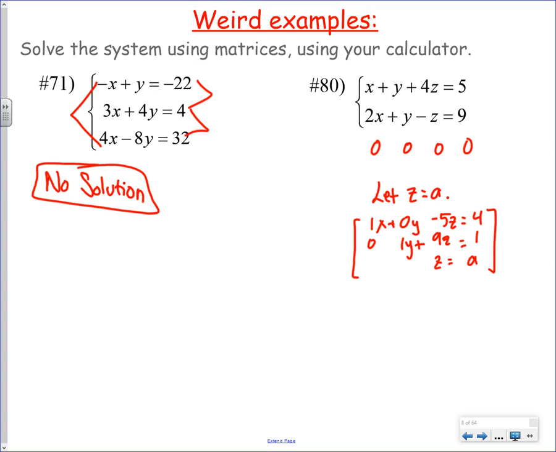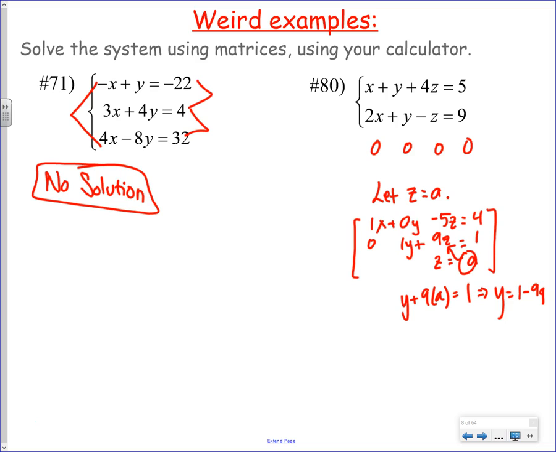Here I would have had to still do a whole system of elimination and cancel out the x's and get the y's and z's. Here it's like, oh, it got me part way. How do I get y? Plug it in, plug it in. Good. So y plus 9 times a equals 1, so therefore y equals 1 minus 9a.